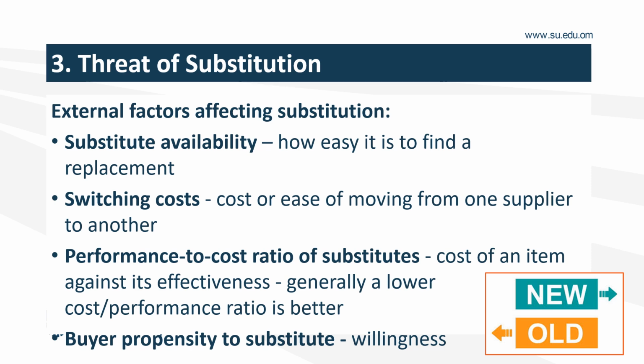Third is the performance cost ratio of the substitute. It refers to the cost of an item against its effectiveness. Generally, a lower cost performance ratio is better. And the buyer propensity to substitute. It is about the willingness of the customer. So this is about the displacement from the old to the new company.